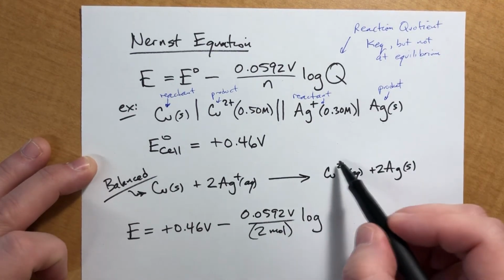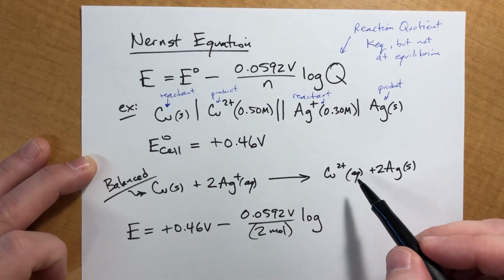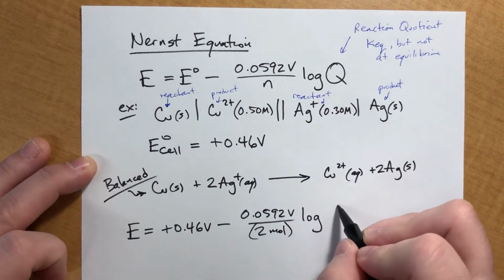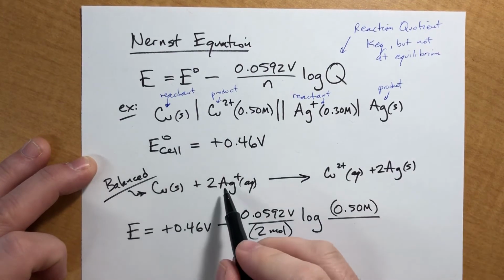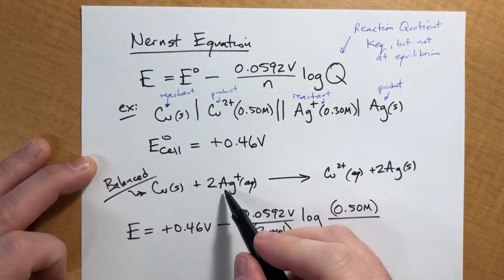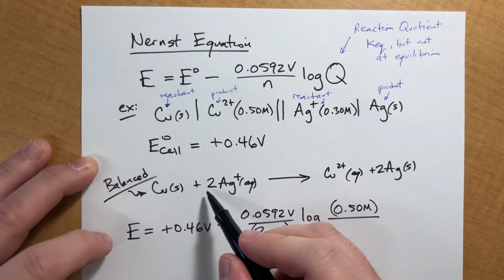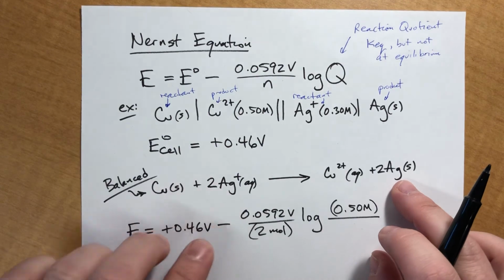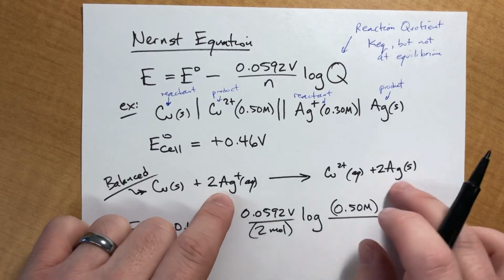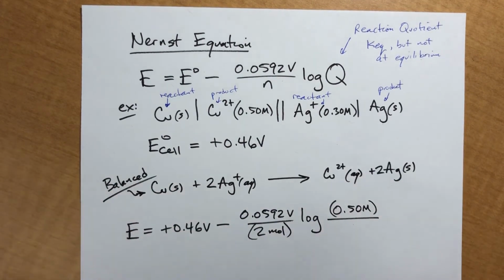Well, Cu2 plus is a product, which is 0.5, and then Ag plus is the reactant, and we need to square it. The ones that are solids we can ignore. Obviously, if we had like a platinum electrode and we had two things with concentrations here, we would need to take into consideration both of those.